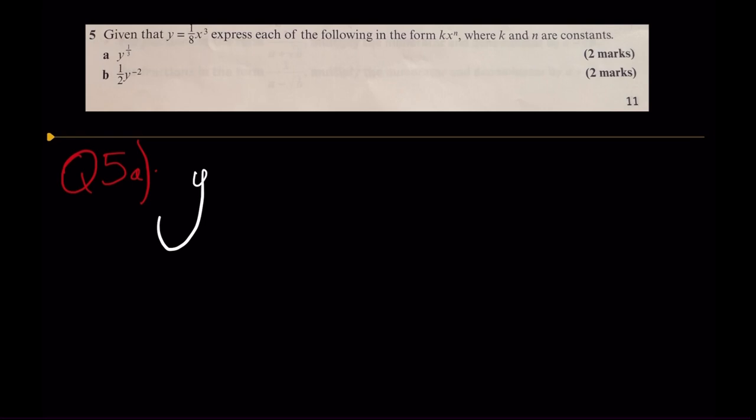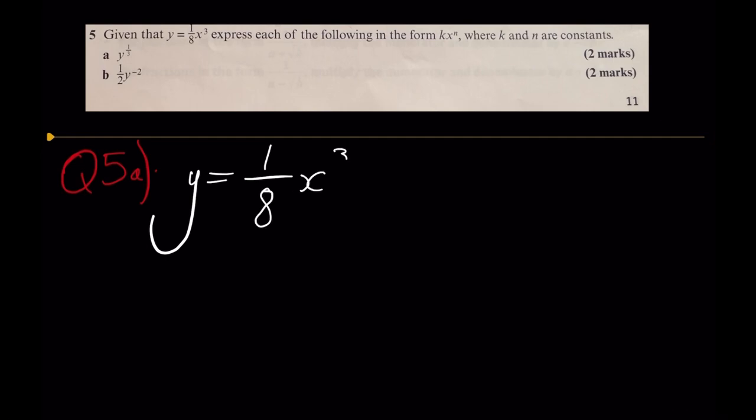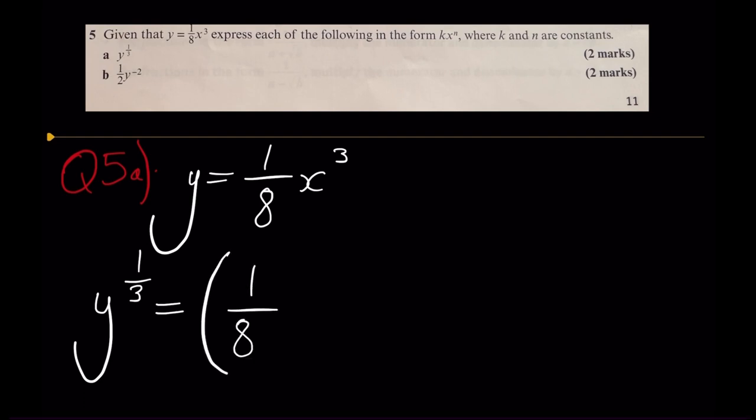Okay, so let me show you how I would tackle this, again, in an exam style environment. So we've got y equals 1/8 times x cubed, and then y raised to the power 1/3 is equal to 1/8 times x cubed all raised to the power 1/3.